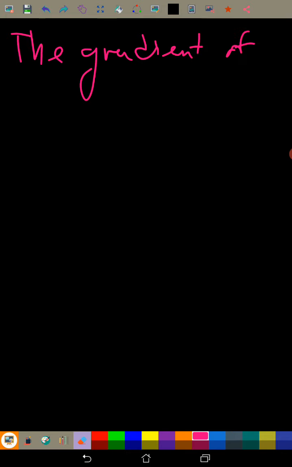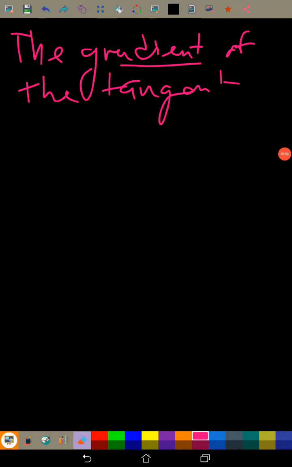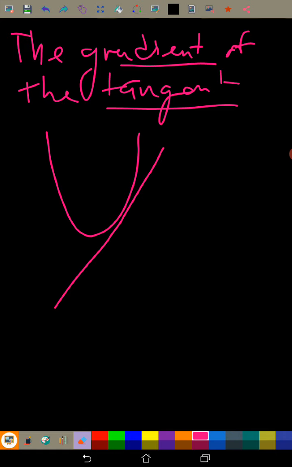So we know that it's a rate of change, but there's something called the gradient, the gradient of the tangent. So what is a gradient and what is a tangent? If we have a curve here and a tangent, it touches the curve only at one place.